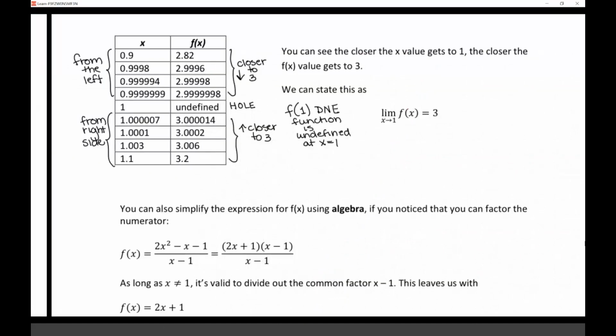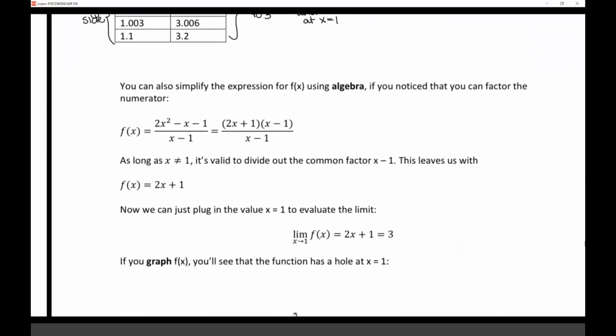Now somebody, I forget who, said, hey, can't we just cancel out the common factor? Well, as long as we're not right at 1, that's what this means down here. As long as x is not 1, it's valid to divide out the common factor. So when we're near 1, it's okay to do the divide.